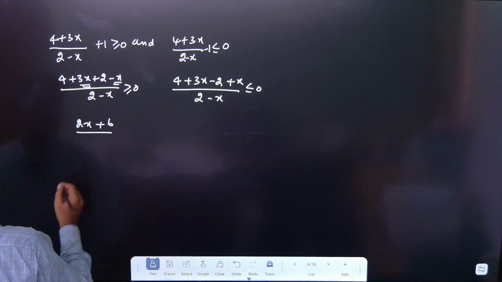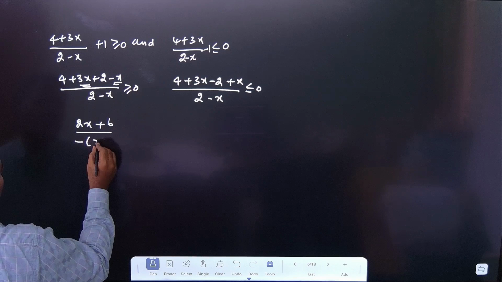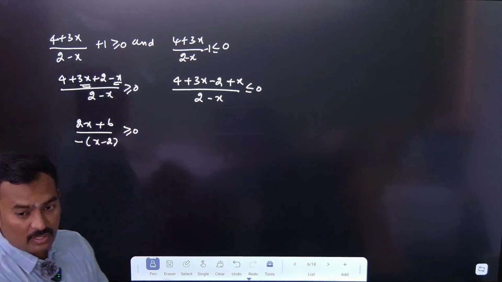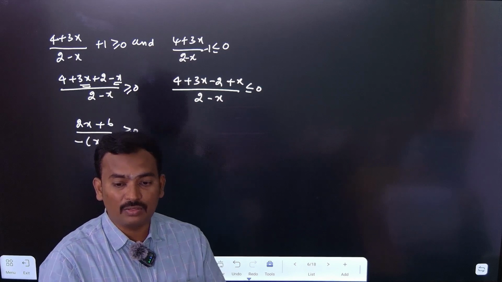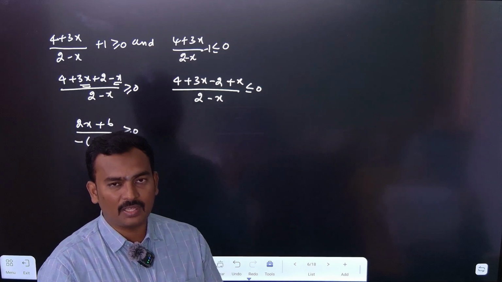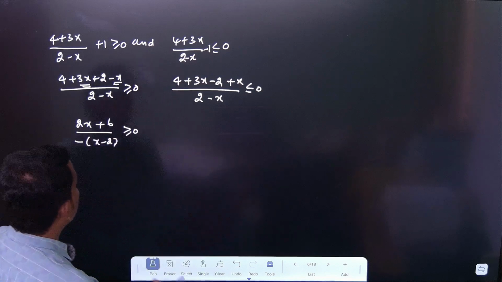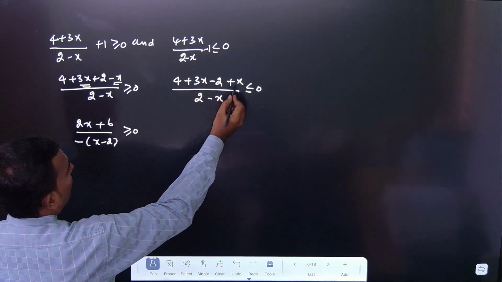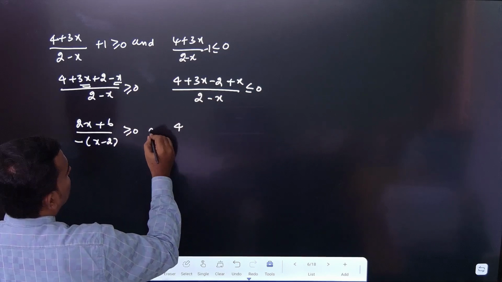Divided by, you take minus common out, x − 2, is greater than 0. Because whenever the factor is there, you have to write the expression as x minus something. If it is 2 minus something or 5 minus something, you have to take out minus, right? Then here 3x + x is 4x.